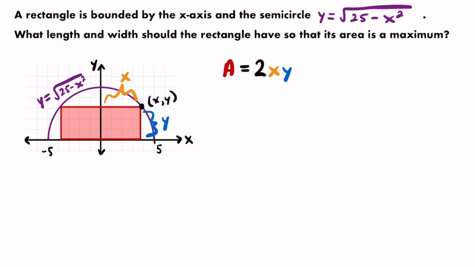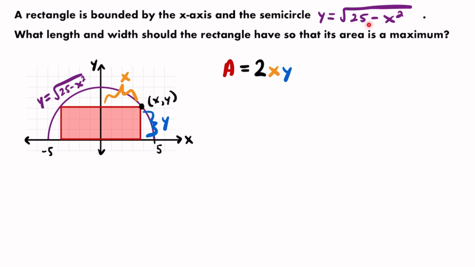Well, remember, we are given some other information in this problem. This rectangle that we are trying to maximize the area of needs to be inscribed within this semicircle. And that semicircle is represented by this equation, y equals the square root of 25 minus x squared. You can think of that as the constraint of this optimization problem. The constraint is always the equation that deals with some kind of a fixed value.